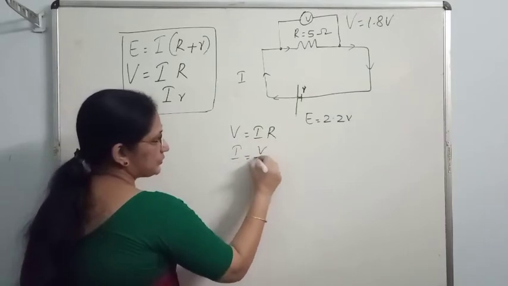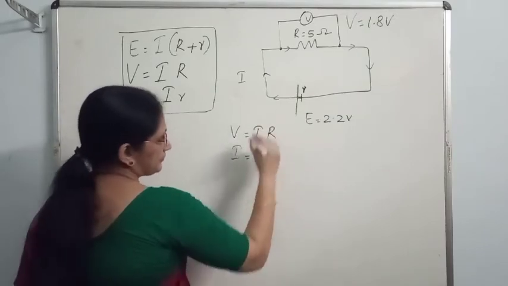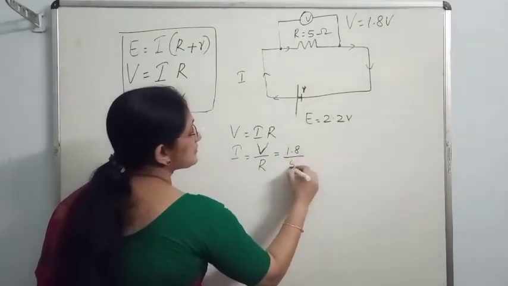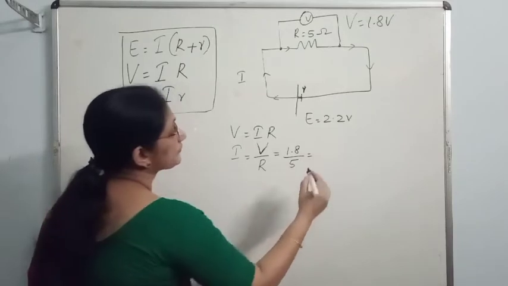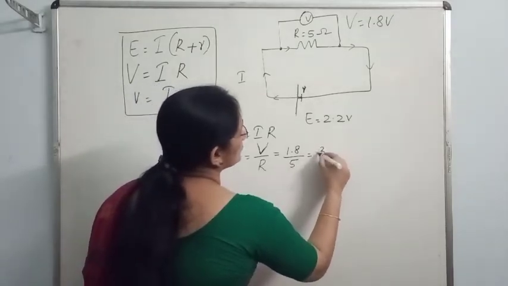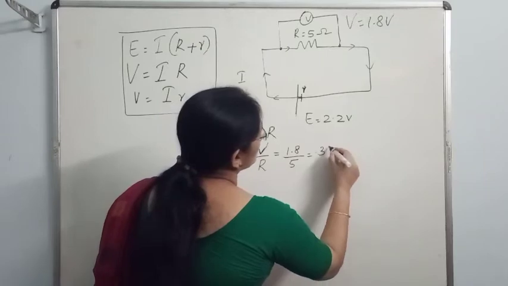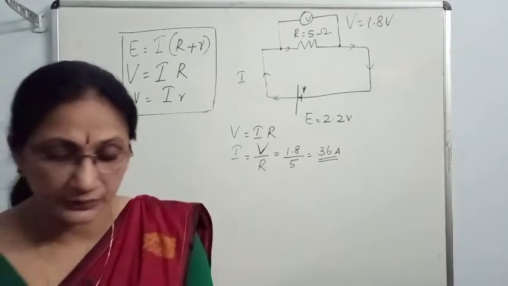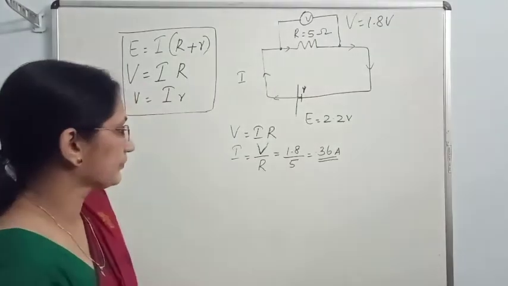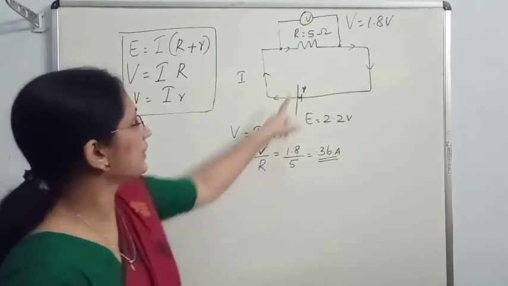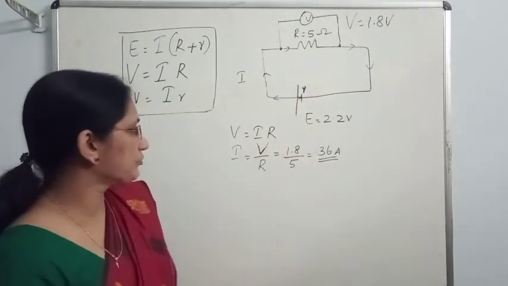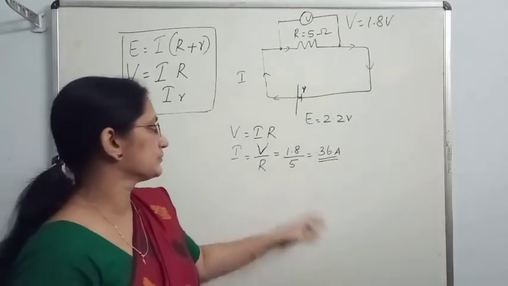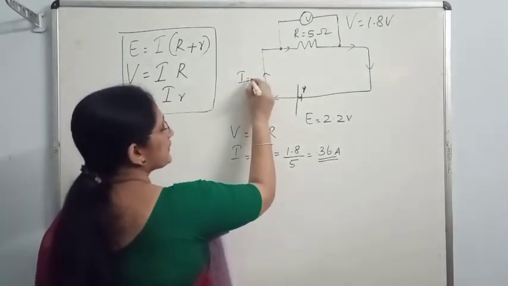I is equal to V by R. Capital letter V, 1.8, upon R, which is 5. 0.36 ampere current will be flowing through the circuit. V 1.8 by R 5. Okay, so the current is 0.36 ampere.